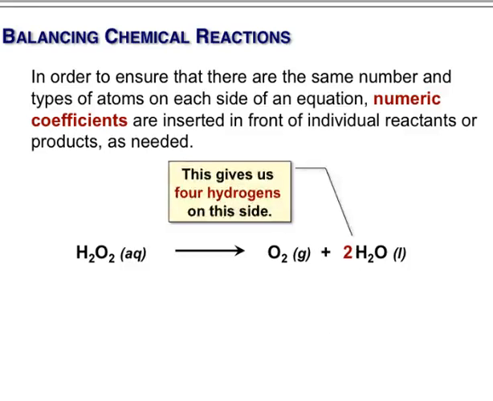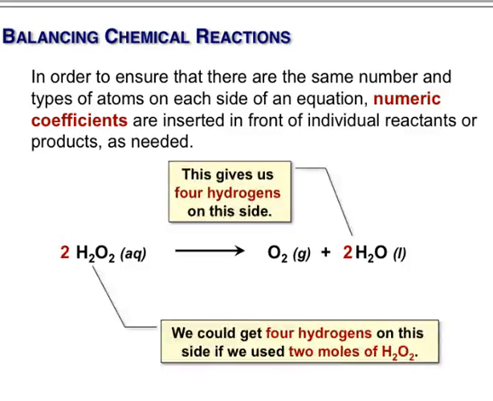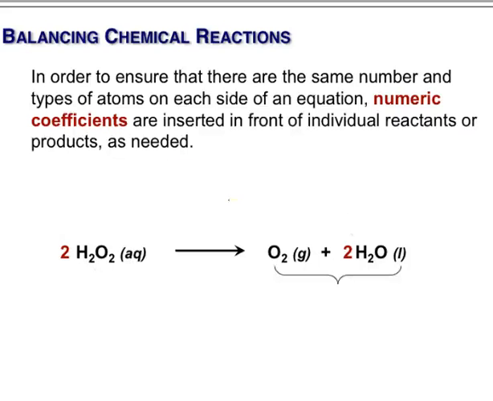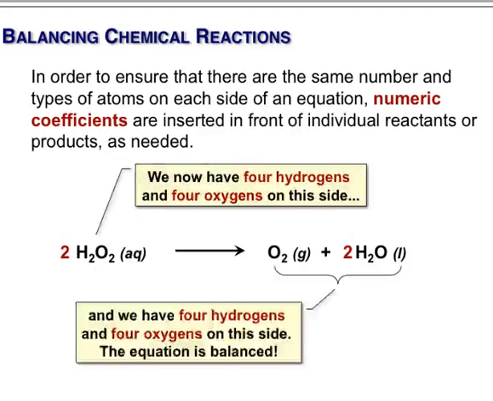We can fix both of those problems simply by sticking a 2 in front of our hydrogen peroxide. Now, if you add it up, we have 4 hydrogens, 4 oxygens, 4 hydrogens, and 4 oxygens. We have just balanced this equation.